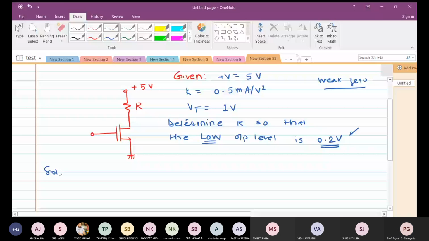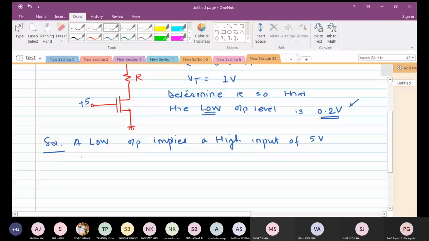A low output implies a high input of 5 volts. So I'm applying 5 volts over here. Therefore the device should be in what region?